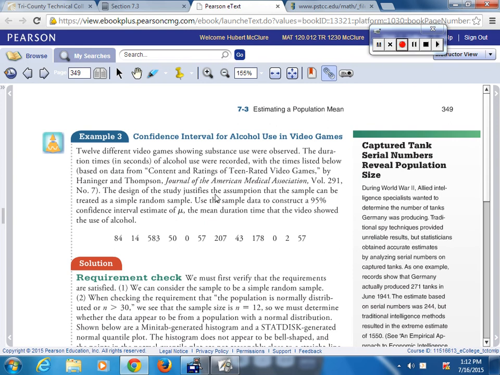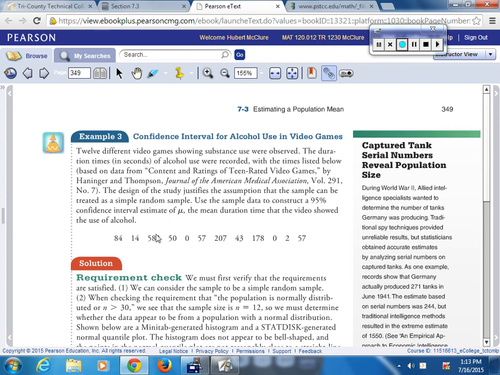The design of the study justifies the assumption that the sample can be treated as a simple random sample. Use the sample data to construct a 95% confidence interval, 0.05, 0.05 over 2, 2.201. An estimate of the mean duration time in the video showing the use of alcohol.